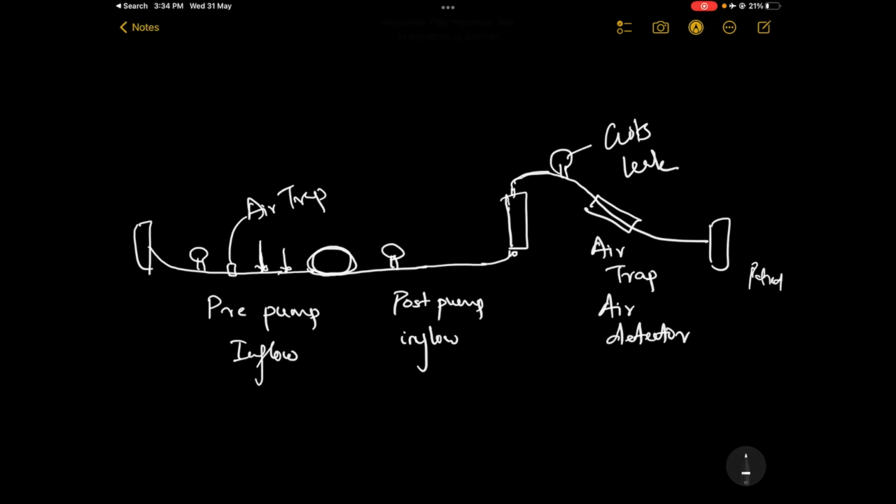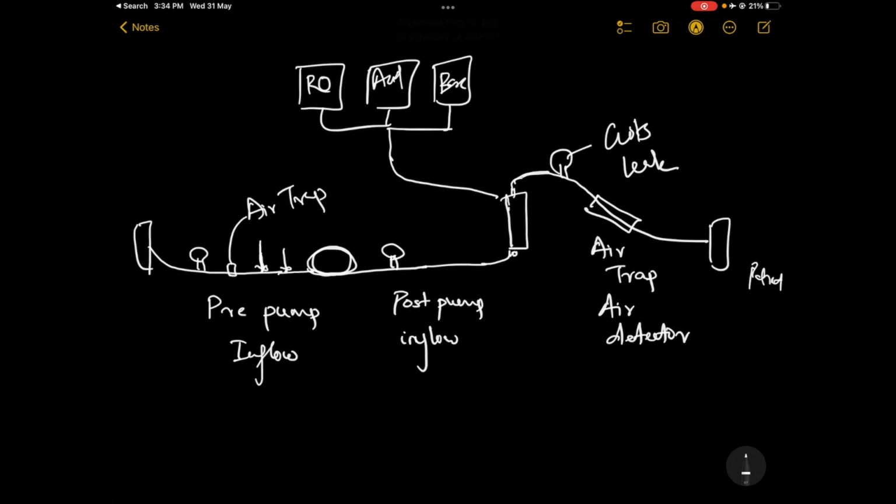Okay, now the dialysate flow, here we have acid, base, RO water, these three mix together and they are infused into the dialysate.